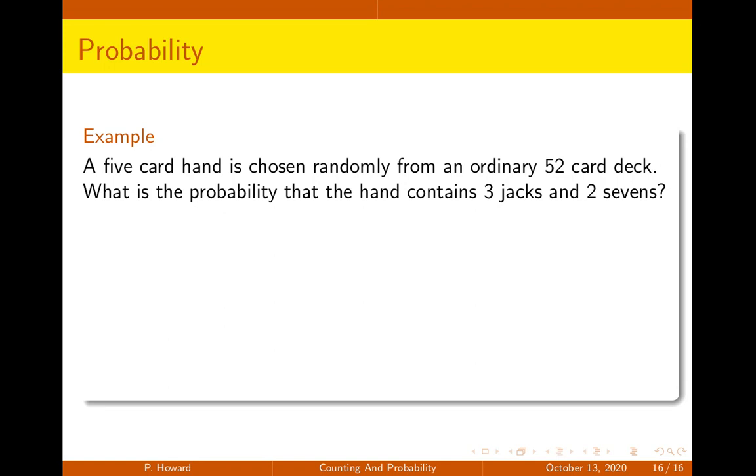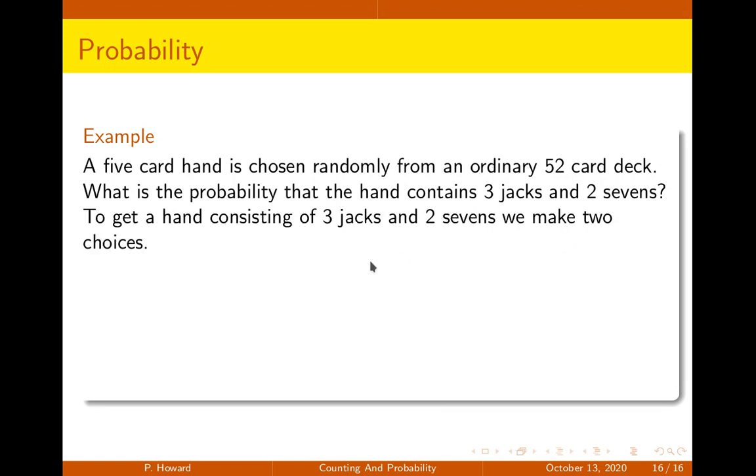Another 5-card hand problem. A 5-card hand is chosen randomly from an ordinary 52-card deck. What is the probability that the hand contains 3 jacks and 2 sevens? So to get a hand consisting of 3 jacks and 2 sevens, we make 2 choices. We first choose 3 of the 4 jacks. We know how to calculate the number of ways of choosing 3 objects out of 4. That's 4 nCr 3, number of combinations of 4 things taken 3 at a time.